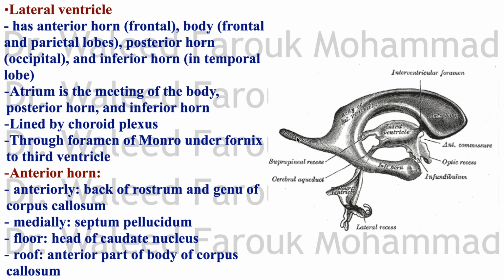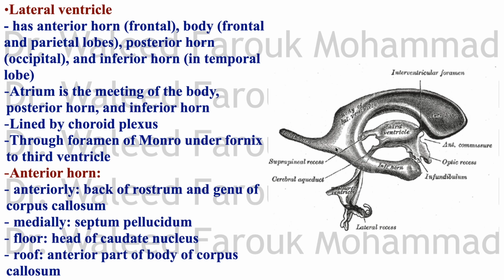This is the lateral ventricle. It has an anterior horn, which is in the frontal lobe, a body in the frontal and parietal lobes, a posterior horn in the occipital lobe, and an inferior horn in the temporal lobe.